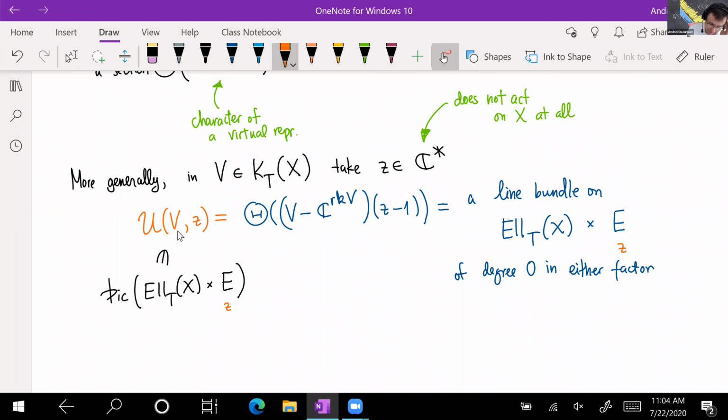And so we're free to twist. Well, in one sense we're free, on the other sense we're forced to twist.